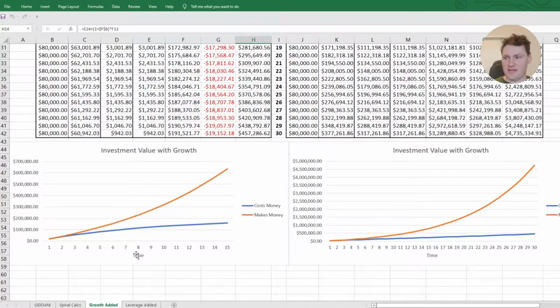So now what you can see in these graphs of the value with growth is that there is some growth in the bottom curve. It's gone up. Instead of $191,000 for assets that cost you money to maintain, their net worth after 30 years is $457,000. So it's almost tripled in value.